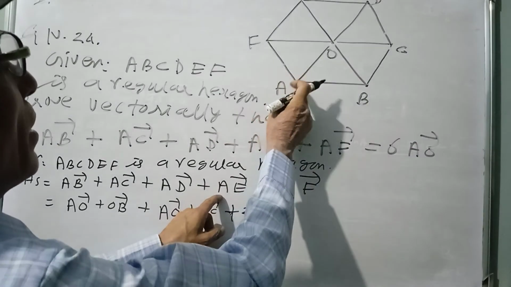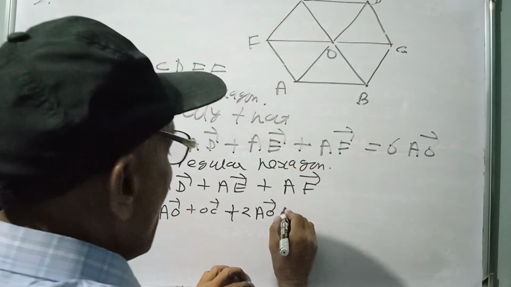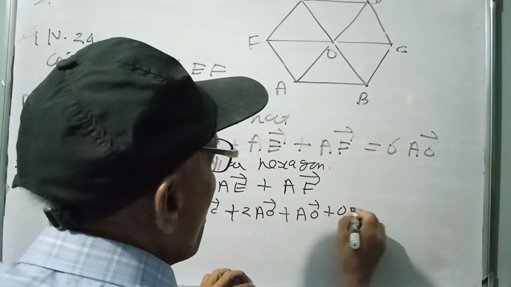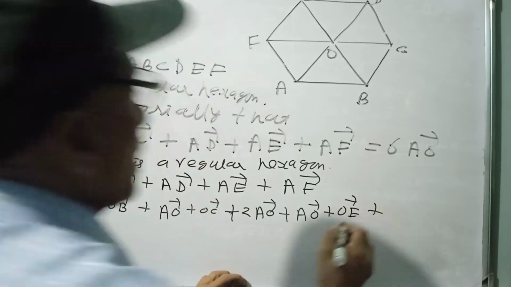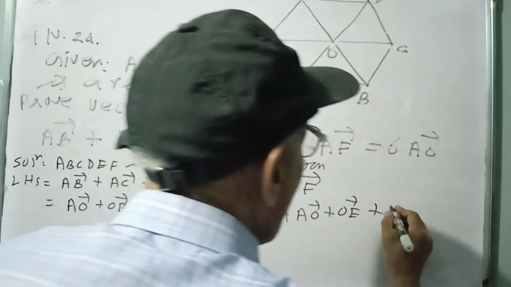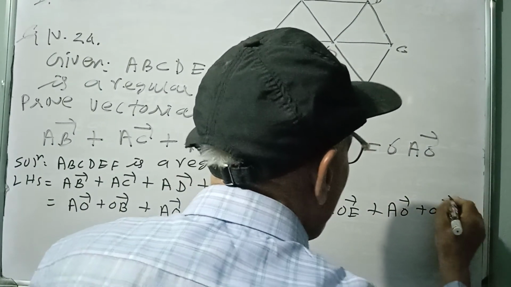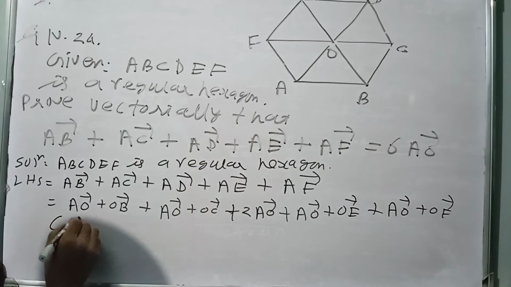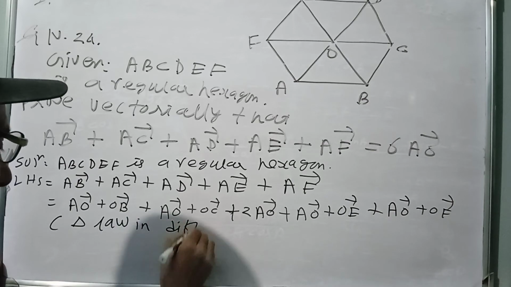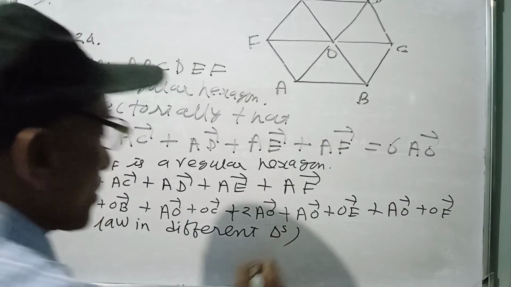AE value is AO plus OE. AF last, AO plus OF. What is the reason? Using triangle law in different triangles.